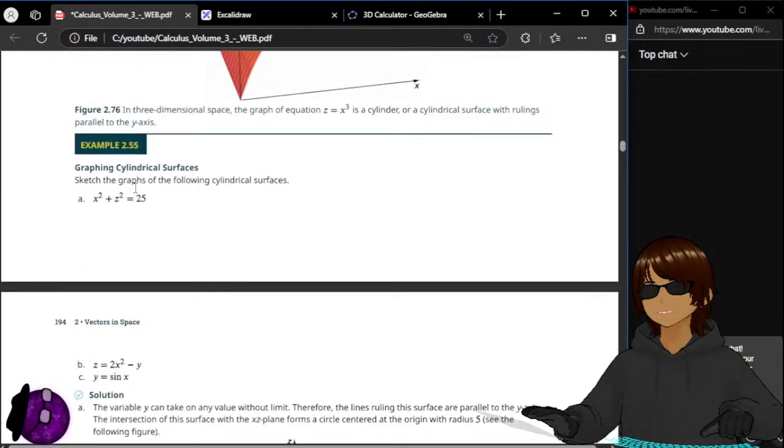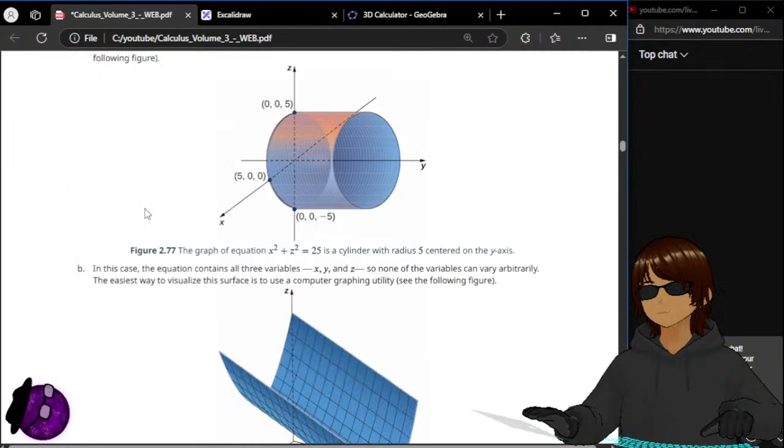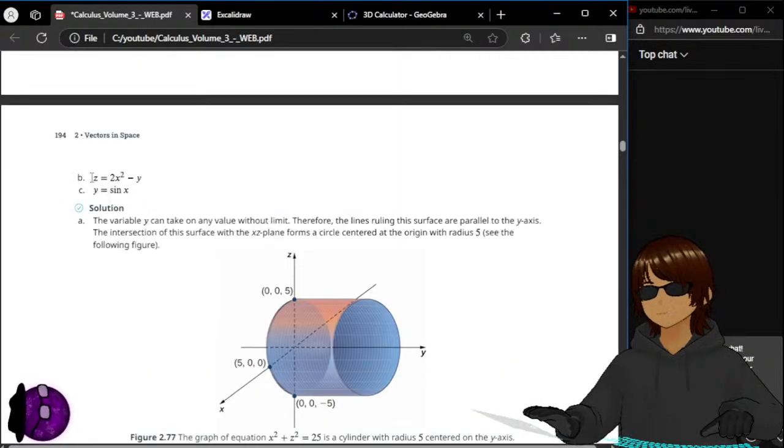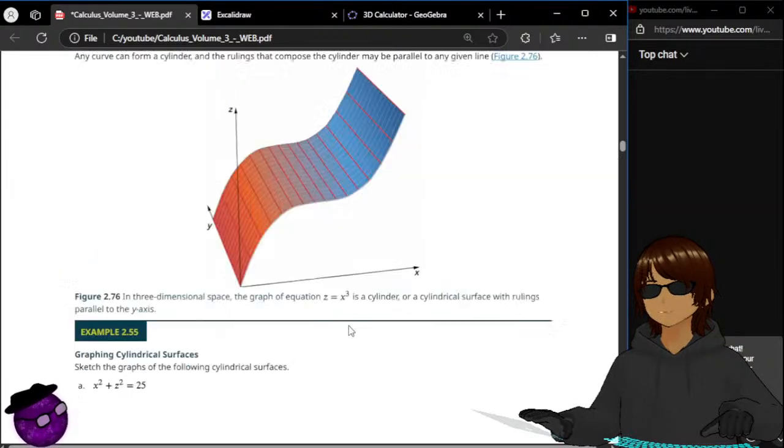So graphing the cylindrical surfaces, x squared plus z squared is 25. So there's a circle on the xy plane. We can stack those circles on the y-axis. Here they have z is equal to 2x squared minus y. Okay, it looks like that.